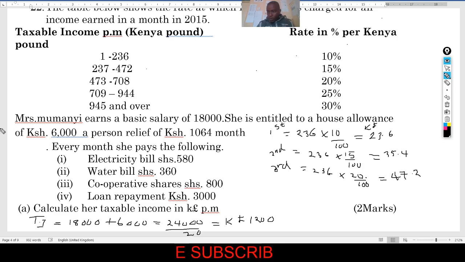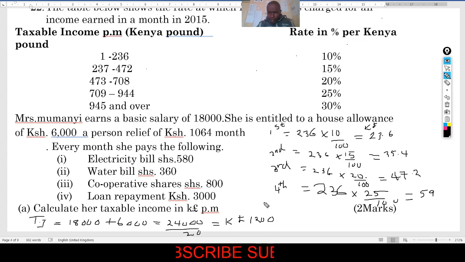The next is the fourth slab. You subtract 944 minus 708, you get 236. You times 25 over 100. It gives you 59.